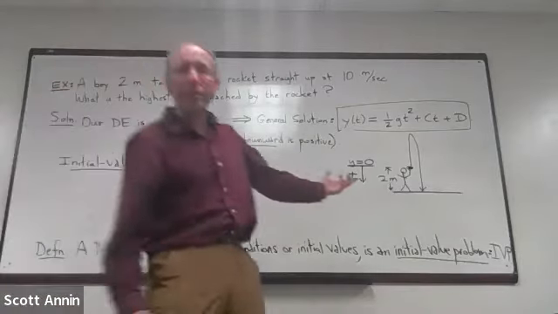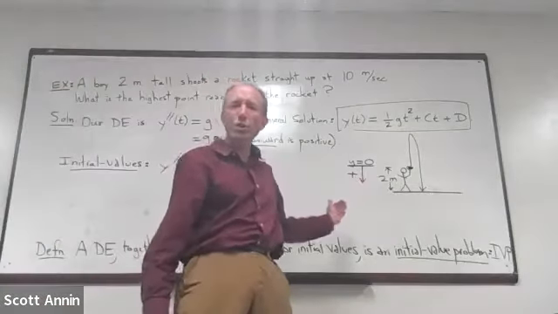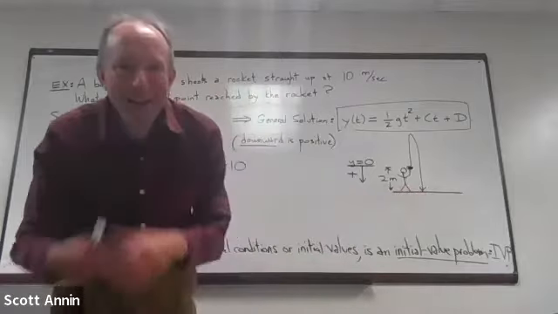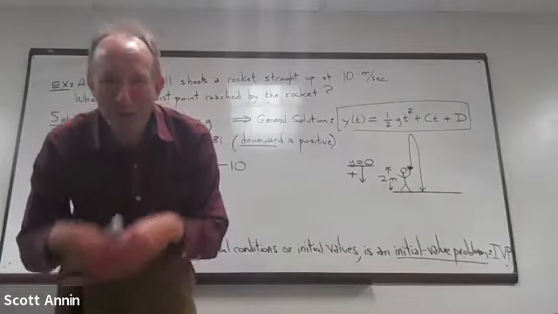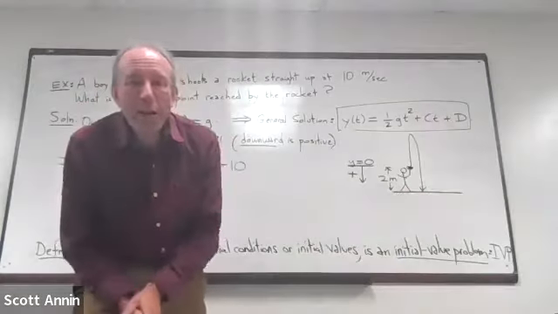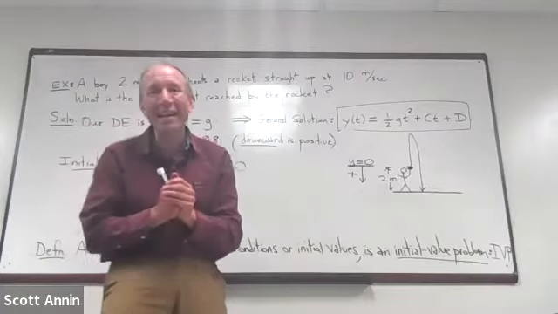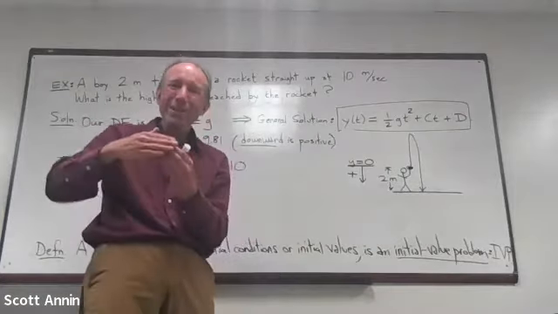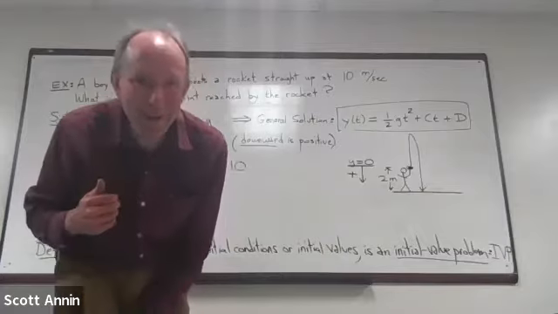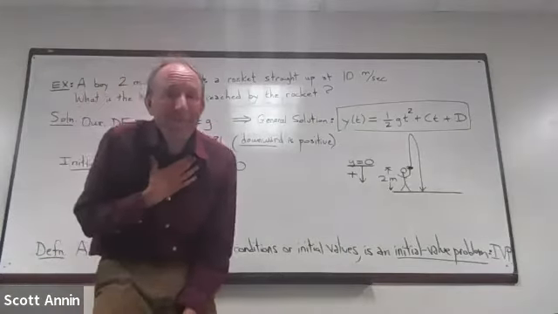Now, why does this make sense? Why not just use the ground as my initial position, or as y of 0 equals 0? I can do that. Remember, this is kind of an arbitrary choice again. Where I choose to start measuring my y value is up to me.